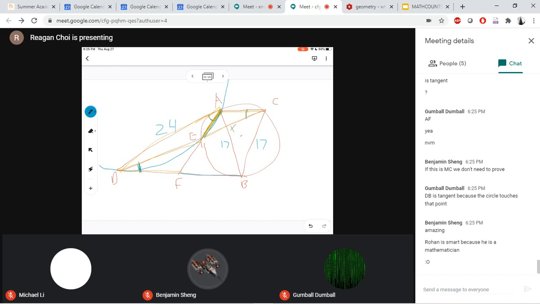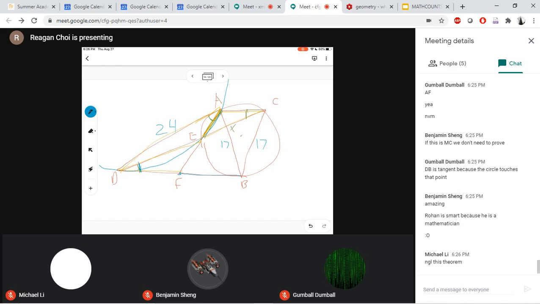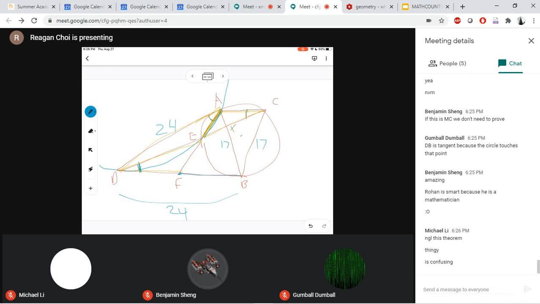And now, how do we know DB is 24? Because tangents from the same point have equal lengths. Yeah, this theorem is confusing. It requires practice, but whatever. And now, let's use power of a point to finish. How would we do power of a point?